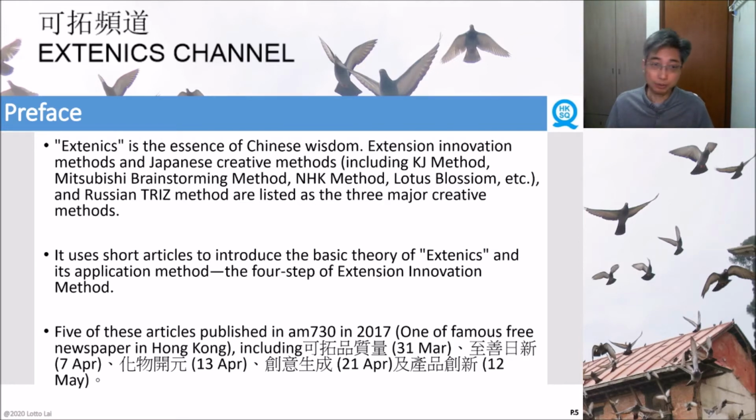In my book, I used short articles to introduce the basic theory of Extenics and its application method, especially the 4 steps of the extension innovation method. 5 of my short articles have been published in AM730, one of the famous free papers in Hong Kong.